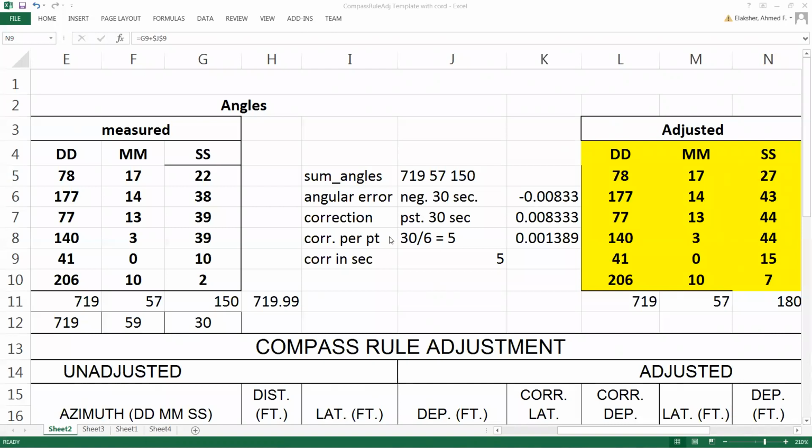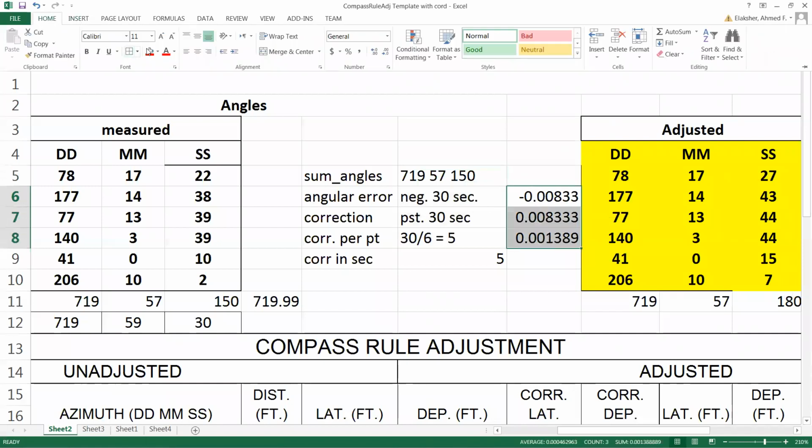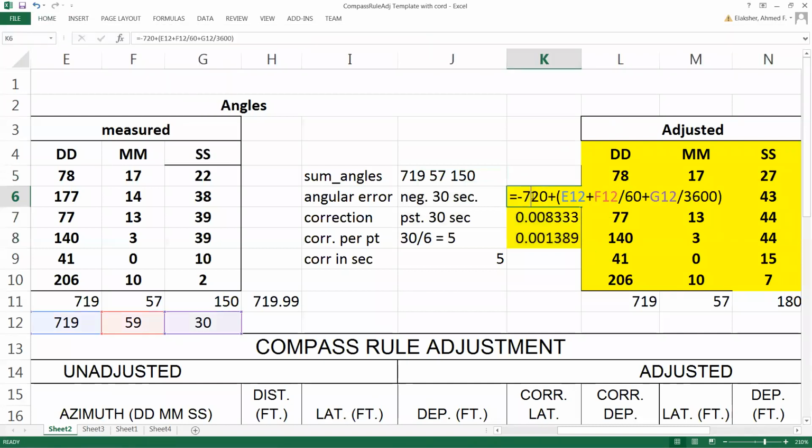So I just did some modification here to my file. It should work with you guys if you have your errors in seconds. So I just had the notes for the calculation, and then these cells are computable, so you can compute it. So what I did is just have the sum of the angles, and then out of this you subtract 720.